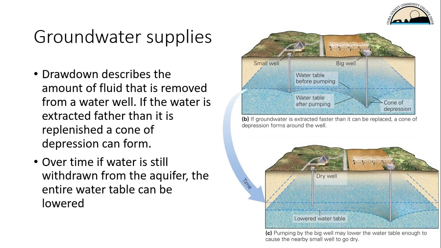And what happens is agriculture can typically afford to drill a deeper water well and continue to use this resource. And then a lot of communities are left with their own water well being dry because it no longer intersects the water table.